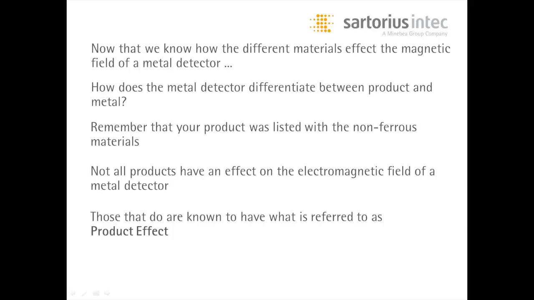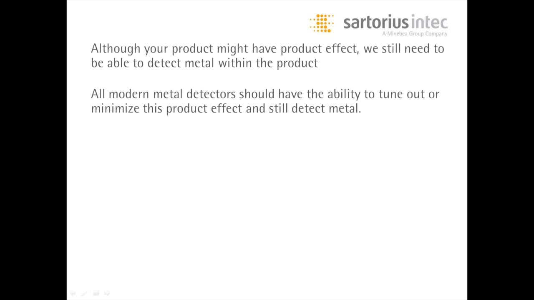If your product does not have product effect, then your chances of detecting smaller pieces of contamination increase because we don't have anything to deal with except for the metal signals themselves. And you'll see this as we move forward and learn a little bit more about how this works. So although your product might have product effect, we still need to be able to detect metal within your product.